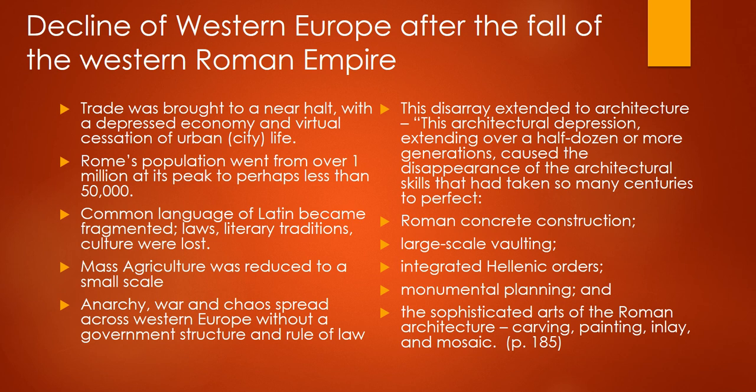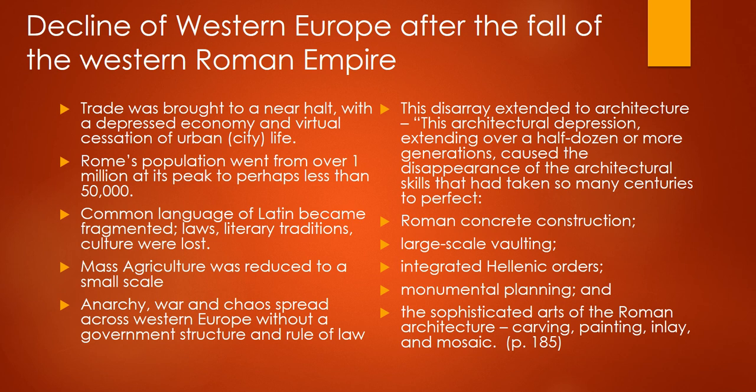That disarray, that mess, right, extends itself into architecture. All right, there's a complete loss of Roman concrete construction. It ends with the fall of Rome. People just don't use it anymore. They don't even know how to use it. The idea of creating these massive spaces that we saw as part of the Roman Empire in the basilica forms comes to a complete close.